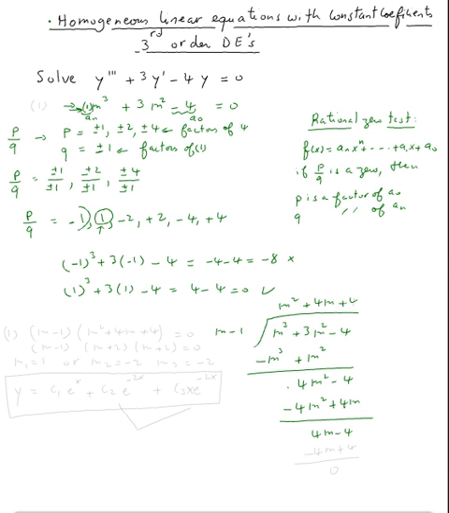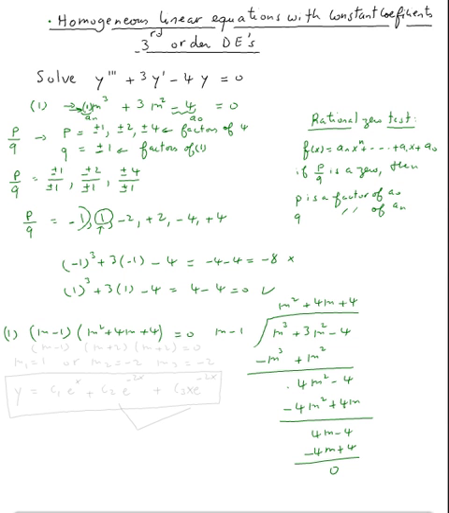Now all I need to do is multiply by 4. 4m minus 4 multiplied by negative, add, you get a 0, so it's fine. So basically this equation becomes m minus 1 times m squared plus 4m plus 4 equals 0.